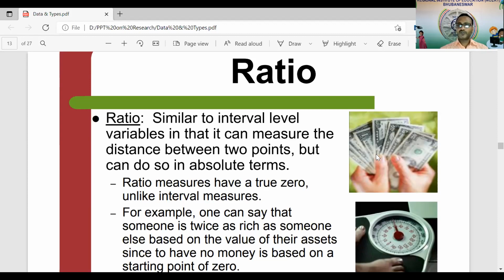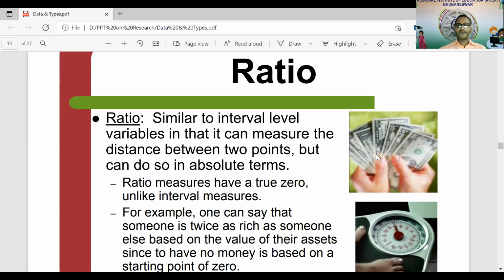But in social science research we cannot do all such kinds of measurement. We cannot do this kind of ratio scale.